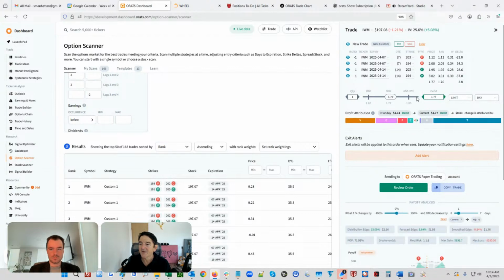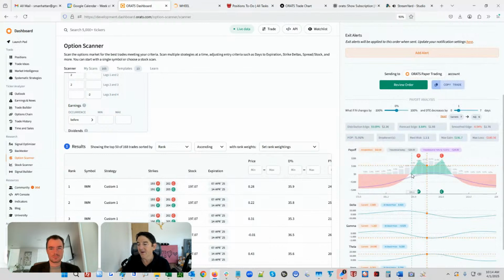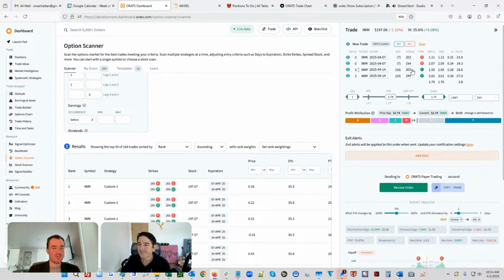Instead of paying $1.77, and you don't get a lot for that. Their profit's a little bit higher, but it's pretty similar. Yeah, you're basically stretching your green area, your area of profitability, your probability of profit, while reducing your risk reward.